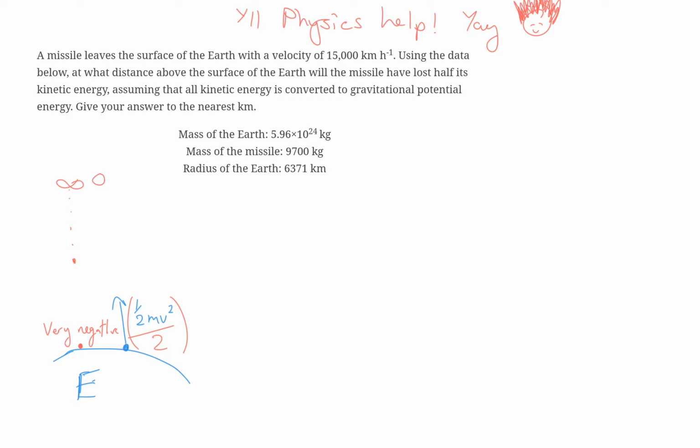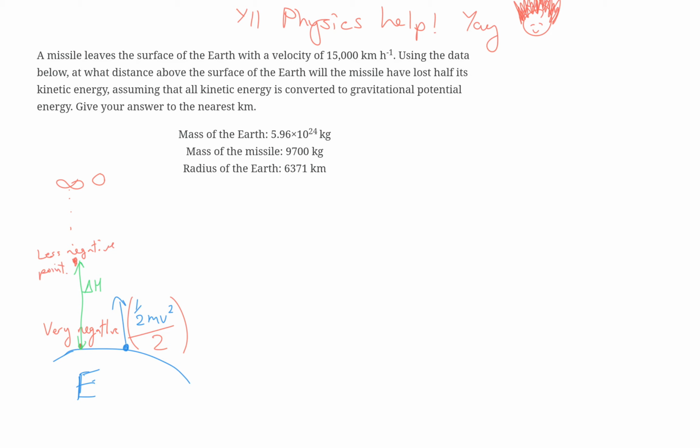So by going from here up to this height, we'll call it delta H, we're going to become less negative. So we've gone from a very negative point to a less negative point. Okay, so that's just an overview of what the question's about.